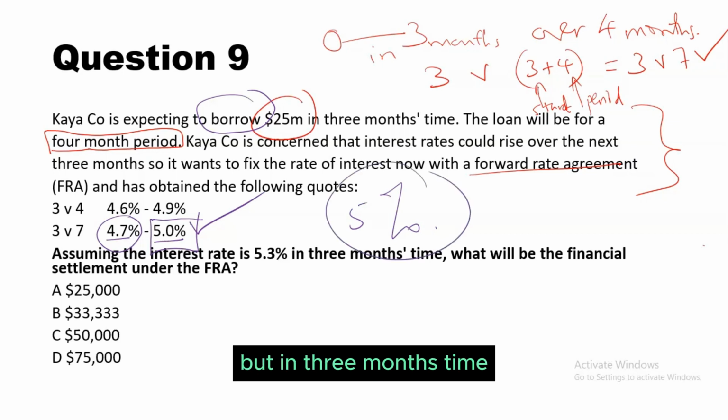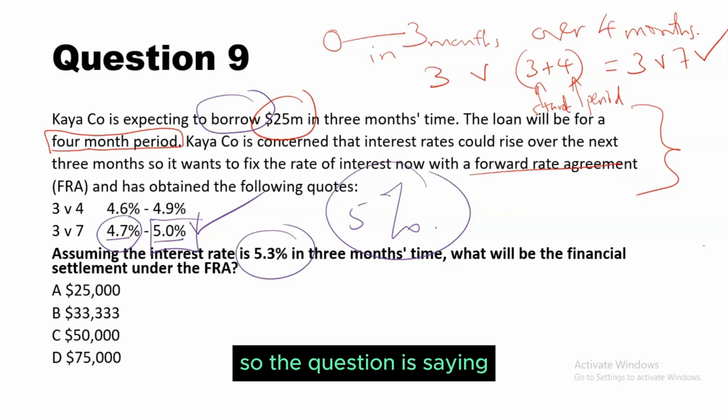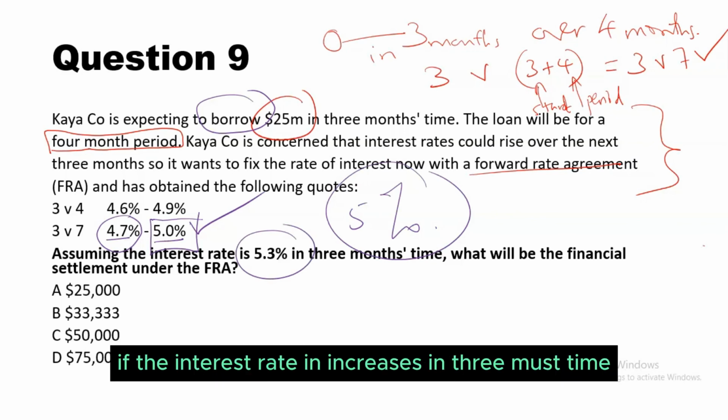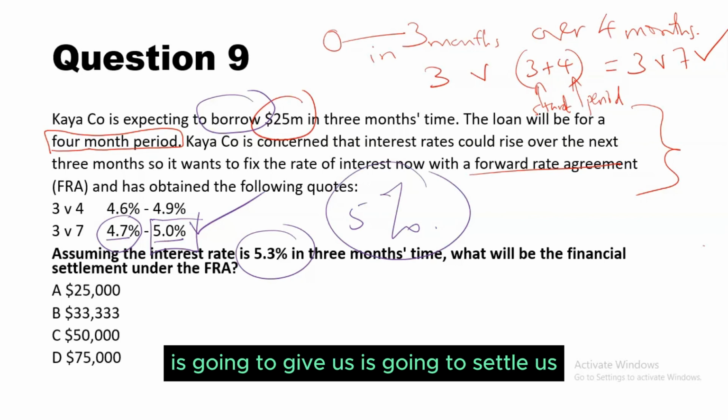Okay, but in 3 months' time, the rate has been determined to be 5.3. So the question is saying, how much is going to be the settlement? Remember, if the interest rate increases in 3 months' time, it means that the supplier of the FRA is going to settle us or compensate us for that difference.